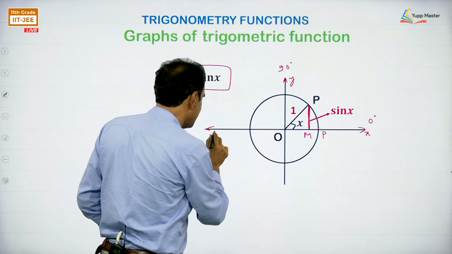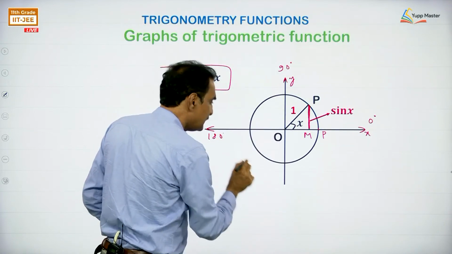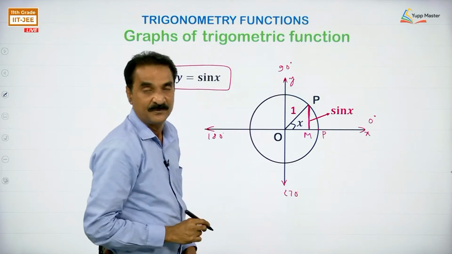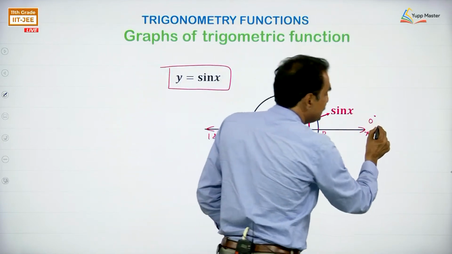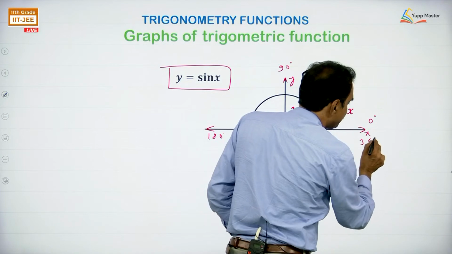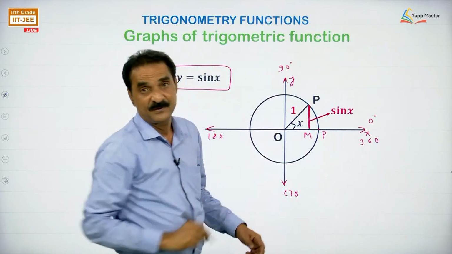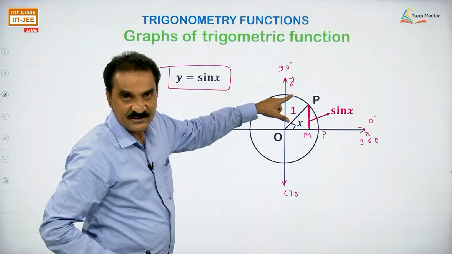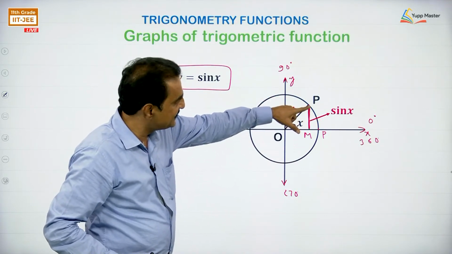This is 180 degrees. This is 270 degrees or 3 pi by 2. And again this becomes 360 degrees. And it continues. Then assume that P is moving in the anti-clockwise direction slowly like this.